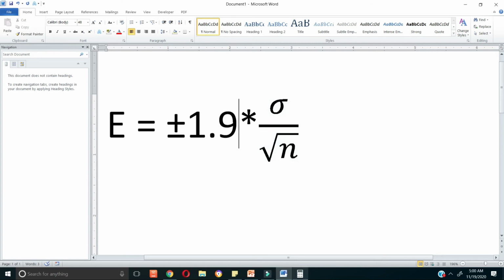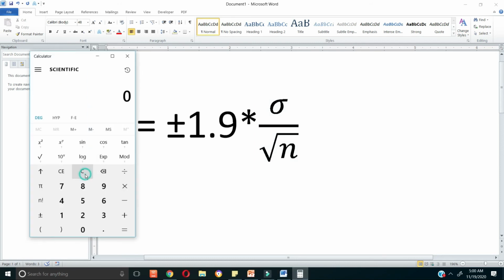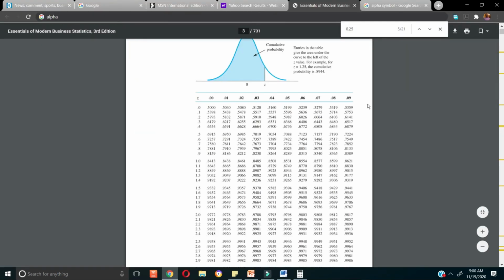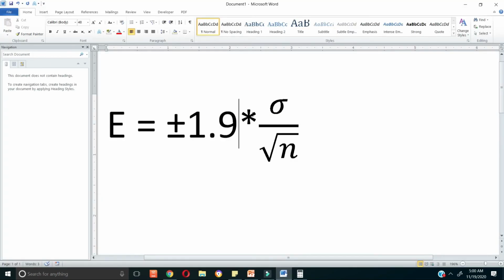And 1.9 times 0.2, rather, 1.9 times 2 times 0.2, gives us 3.8. So this is not exactly the value that we had before, but it's pretty close. The difference is 0.02. That is just a result of how exactly we are calculating this.